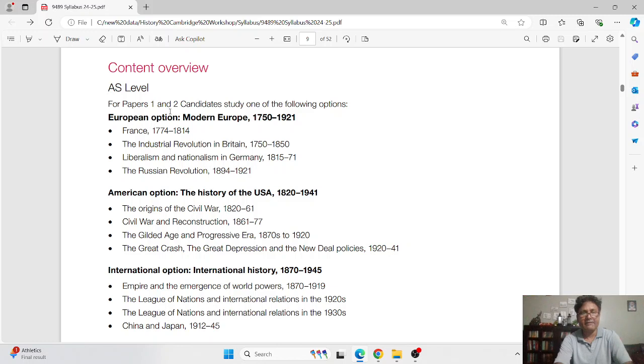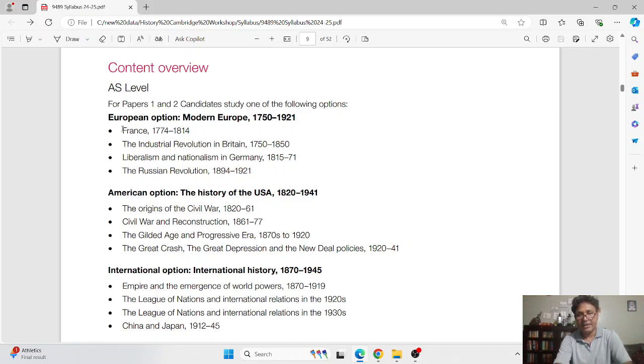Now the candidate is supposed to opt for any one of these three options. For example, if a candidate opts for the European option, then the candidate is going to study these four topics for Paper 1 and Paper 2. But we have a rotation system for Paper 1 and Paper 2. This means that the candidate is going to have a prescribed topic for every year.